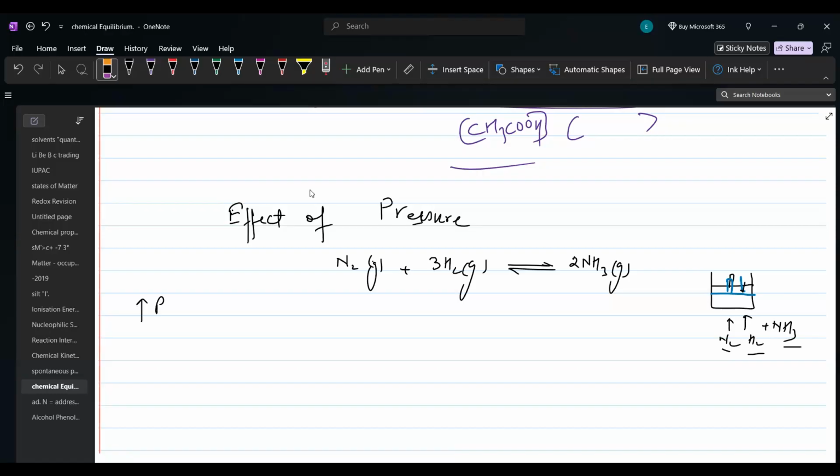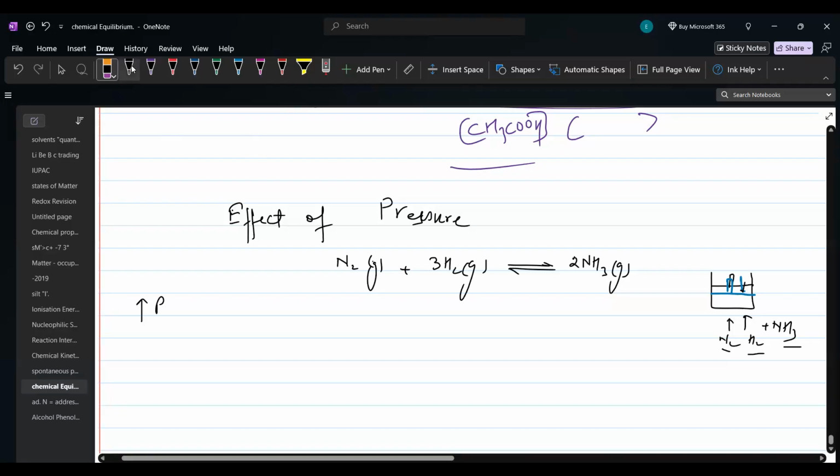Please bear in mind that when we are increasing the pressure from outside, the system wants to remain in equilibrium, right? So it will somehow want to decrease the pressure so that it remains in equilibrium. Most of you have given the answer. So let's see.